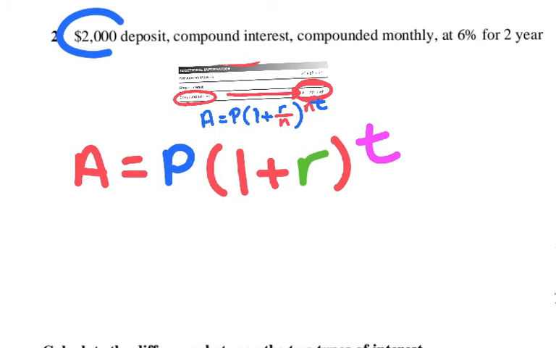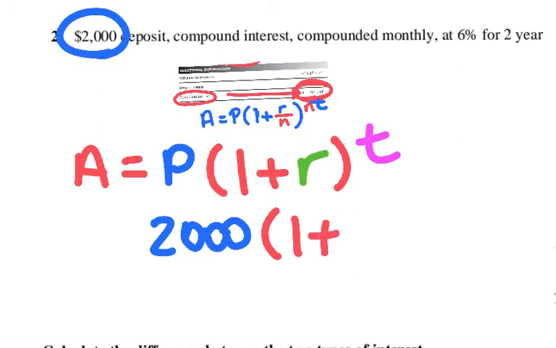Okay, go ahead and write the formula. Replace the variables with your numbers. The principal is $2,000. Then you're going to have 1 plus the rate, which for this problem is 6%.